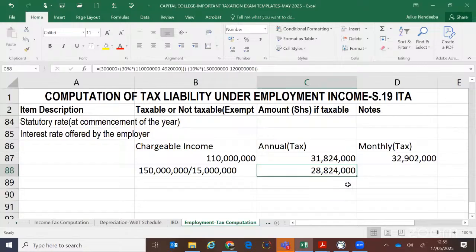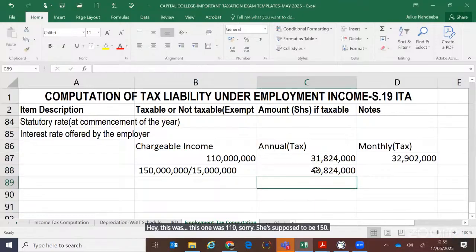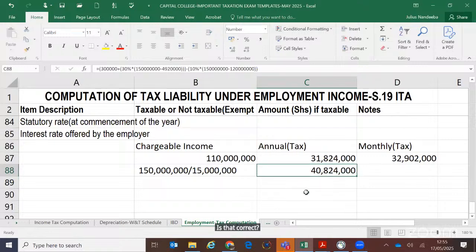Hey, this one was 110. Sorry, it's supposed to be 150. Is that correct? Again, it's wrong. So what is making it wrong? Let me see. It is 0.3 times 150 minus 4,920,000. That gives me that, I multiply by 30%.